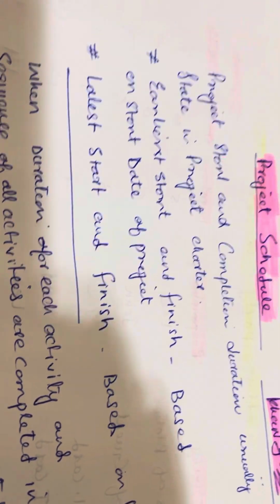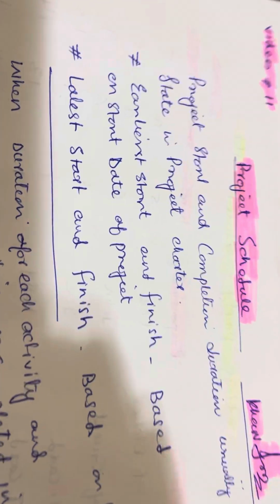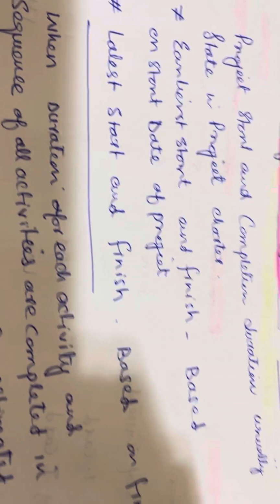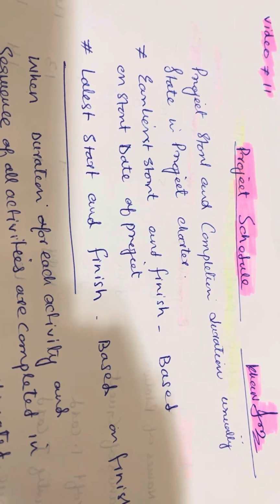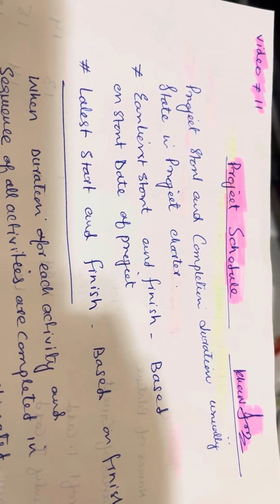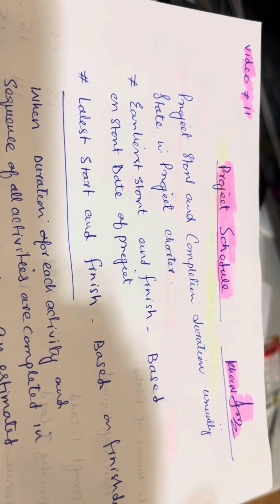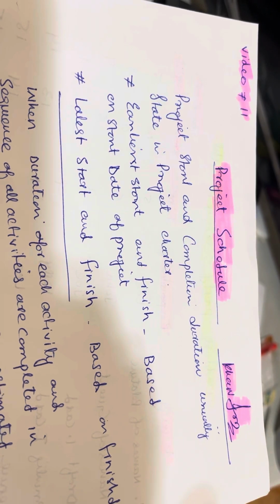The sponsor are those people who pay for the projects, and the performing are those people who are performing the projects. What is basically in the project schedule is that we calculate the earliest start and finish time for each activity, and another one is the latest start and latest finish.